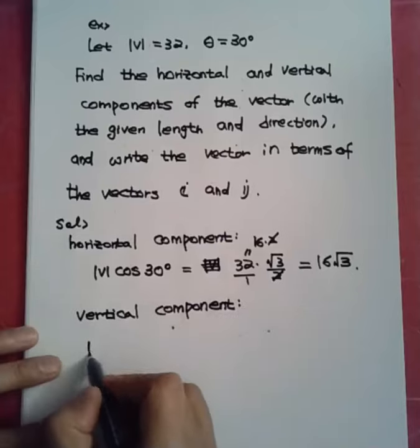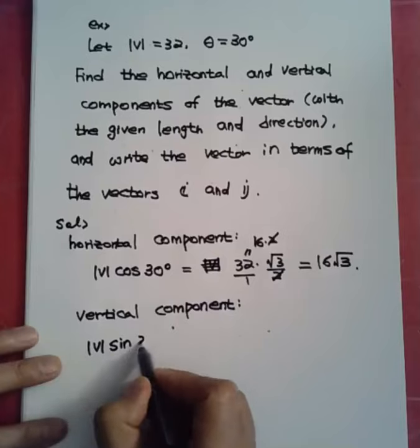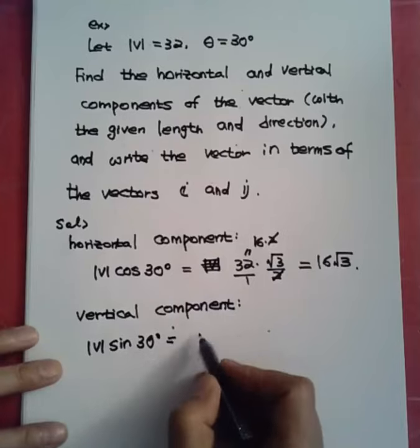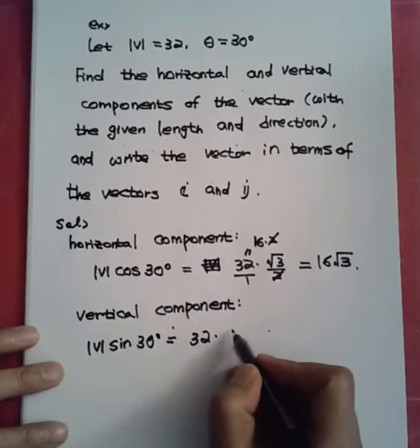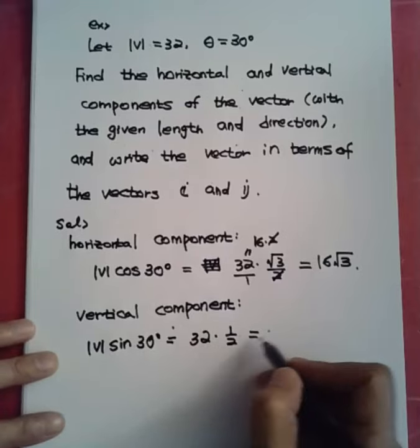Vertical component of the vector is v times sine of the direction vector, which is 30 degrees. The magnitude was 32, and sine of 30 degrees is 1 over 2. Half of 32 is 16.